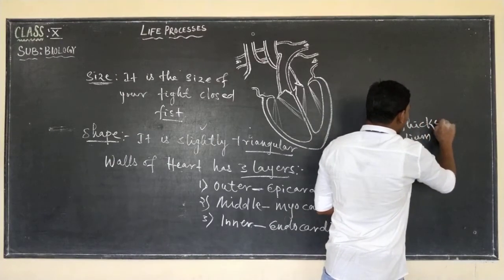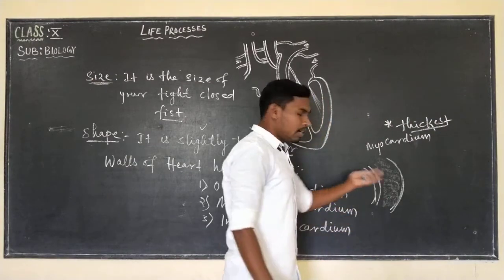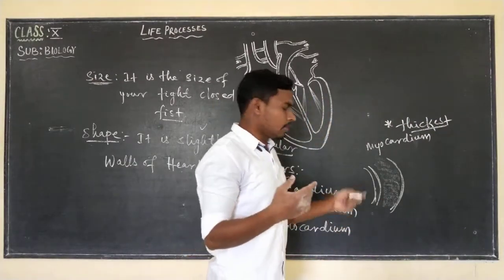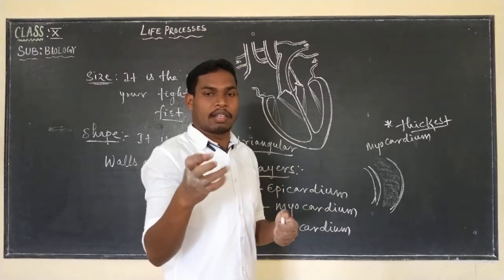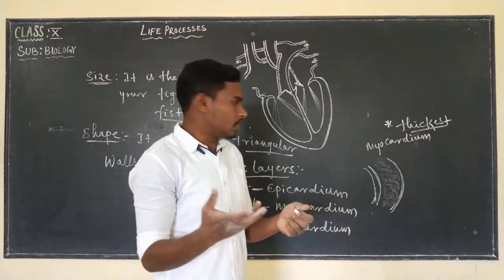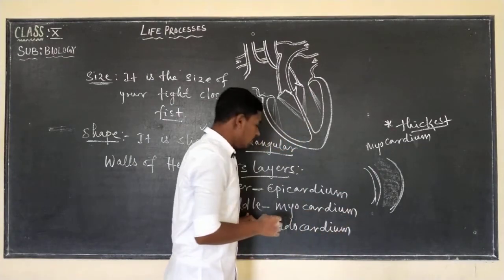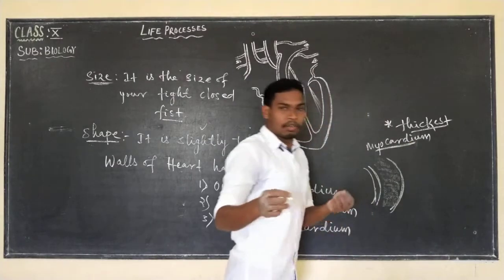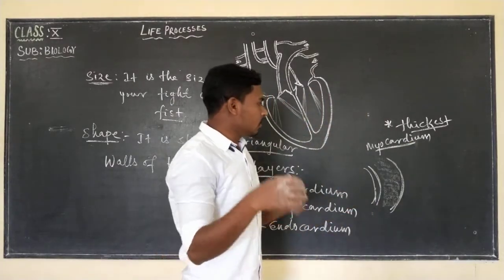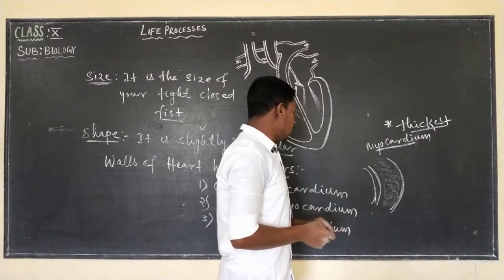It is a specialized muscle, because it has to undergo rhythmic contraction and expansion. That's why the muscle present at the middle layer, myocardium, is specialized for rhythmic contraction and expansion.